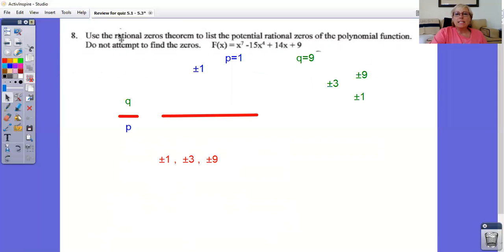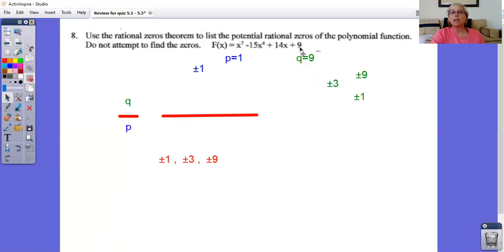So this next example, kind of confusing. Use the rational zeros theorem to find the potential rational zeros, the possible roots, not the exact roots, but just the possible ones. If there is a rational solution, it will be in this list that we're going to find. So we're going to take the lead coefficient, and that's going to be P. P is 1.